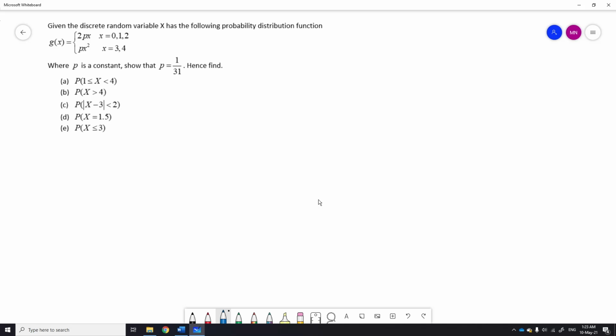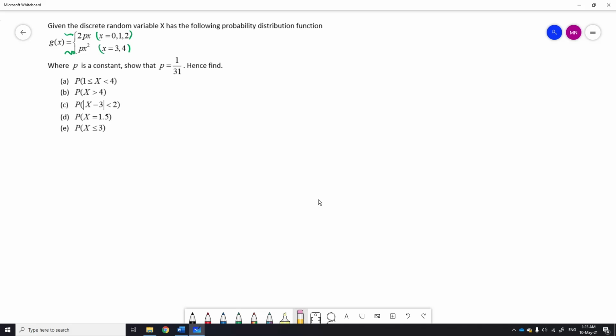The next example question is to find the probability distribution from the given probability distribution function. We have to be cautious right here because the input and the output of the function are different.